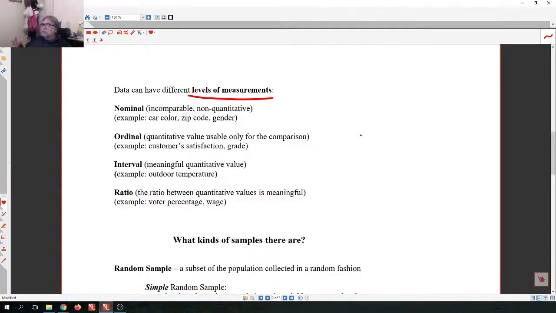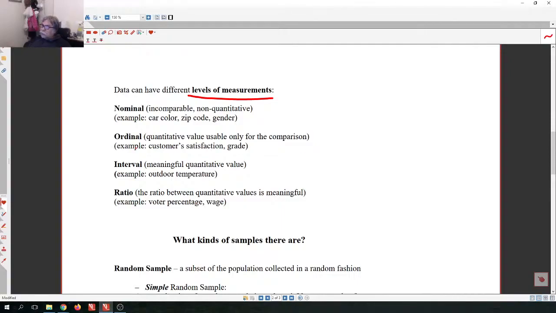For example, 11717, which is the zip code of Brentwood, does not have any numerical value in terms of anything valuable to us as a number. It's just a geographical location that is labeled with that number. So this type of data is very common, but it's not as common as numerical data.